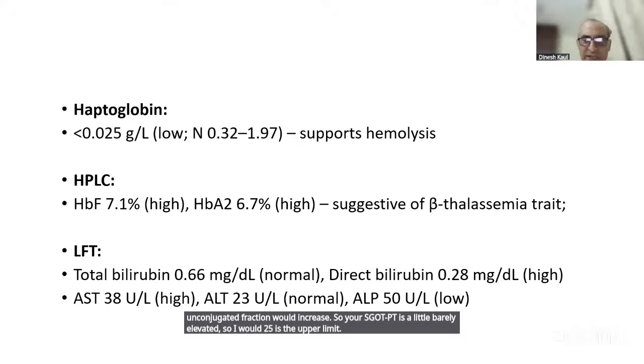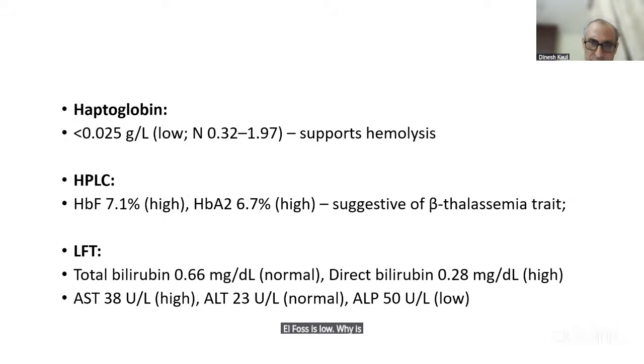So that's not really significant. Alphos is low. Why is the alphos low? Alkaline phosphatase. Why is it not high? Is she having some bone disease? There is no cholestasis. If there is rickets or osteomalacia, the alphos has to be high. Yes, sir, it is low.